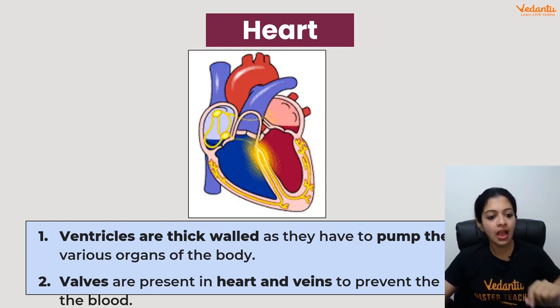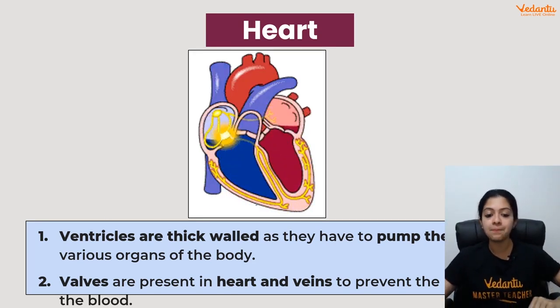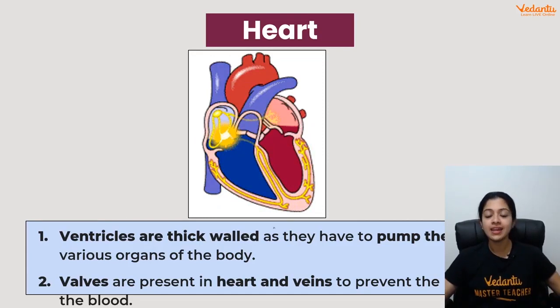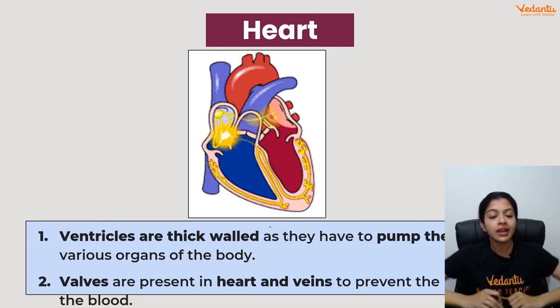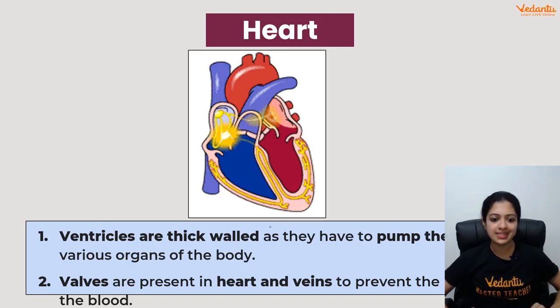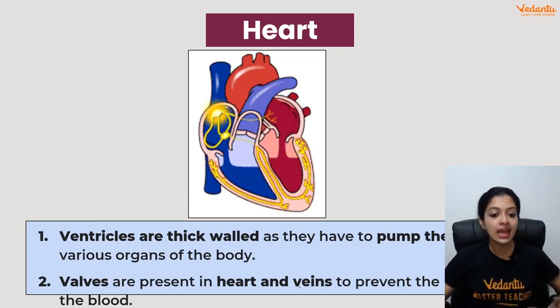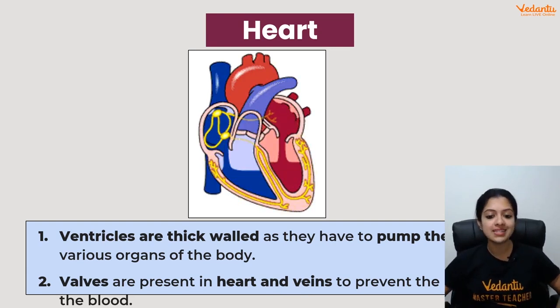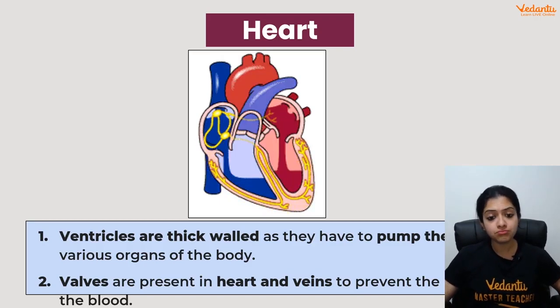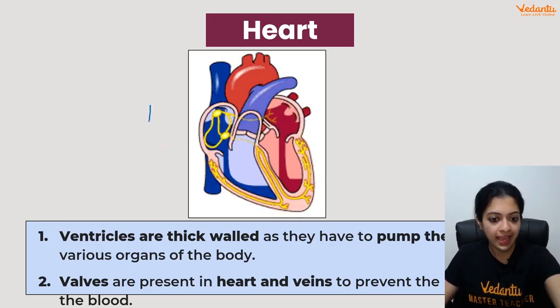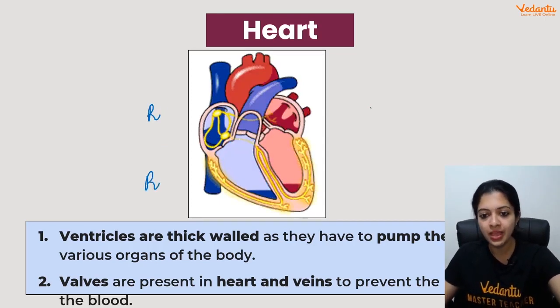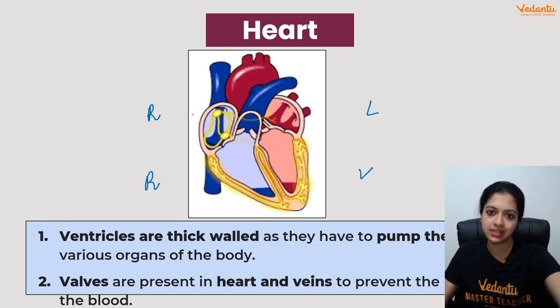Ventricles are relatively much thicker walled as compared to the auricles because they have to pump blood to the different body parts. And there are also valves present in your heart and veins so that backflow of blood can be prevented. The valves are the tricuspid valve and the bicuspid valve. Remember it this way: this is the right auricle, the right ventricle, the left auricle and the left ventricle.